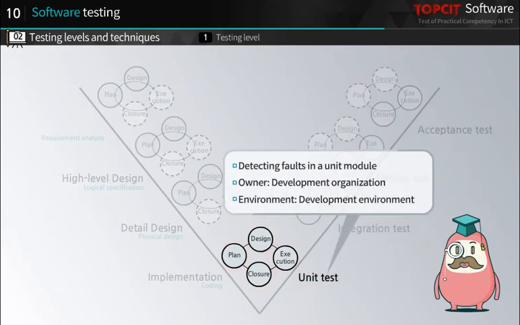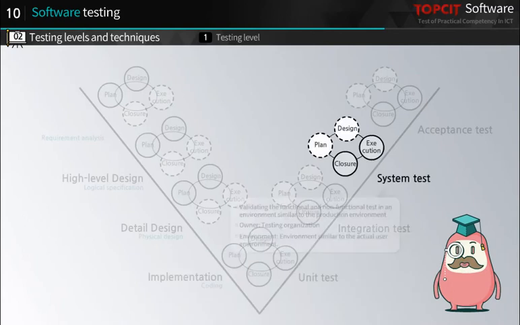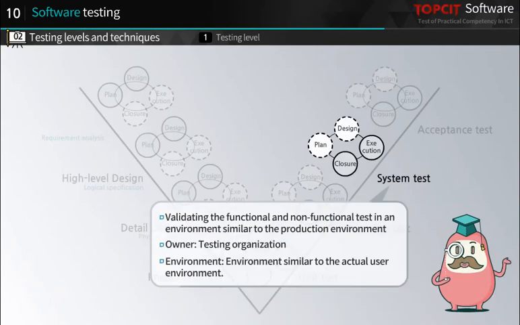A unit test is intended to detect faults in a unit module. It is conducted by the development organization in the development environment. Integration testing is aimed at detecting faults at the interface between the unit modules. It is performed by a development or testing organization in a development or test environment. The system test is performed to validate the functional and non-functional requirements in an environment similar to the production environment.